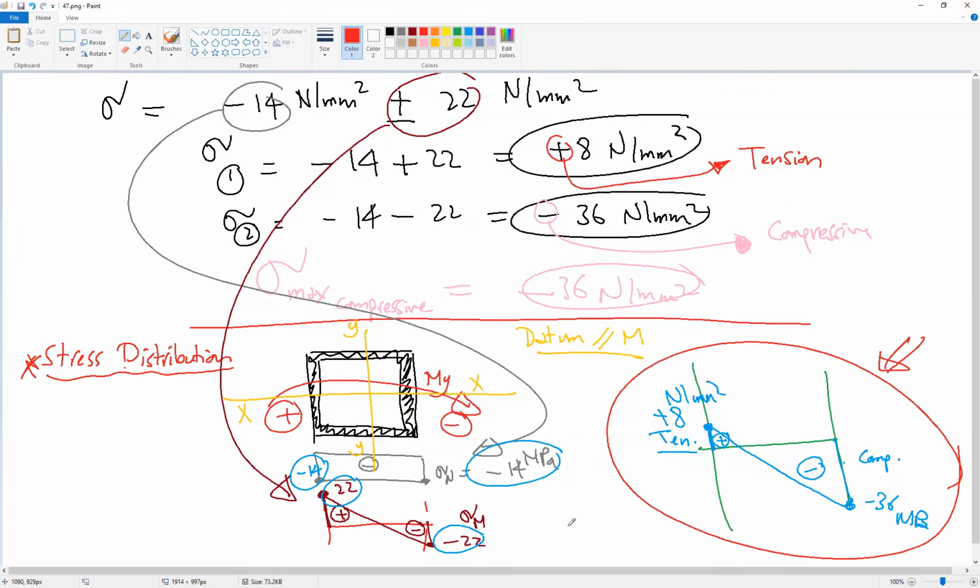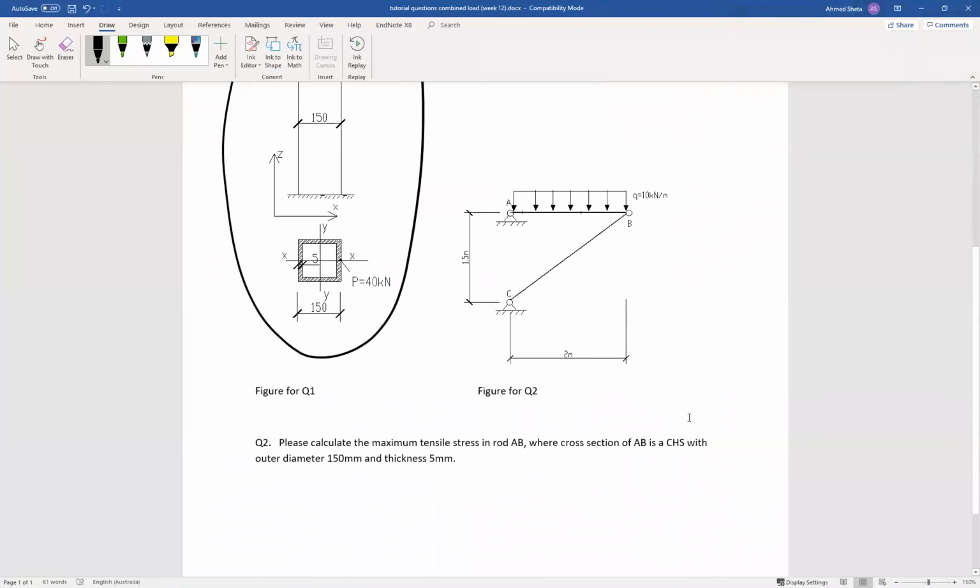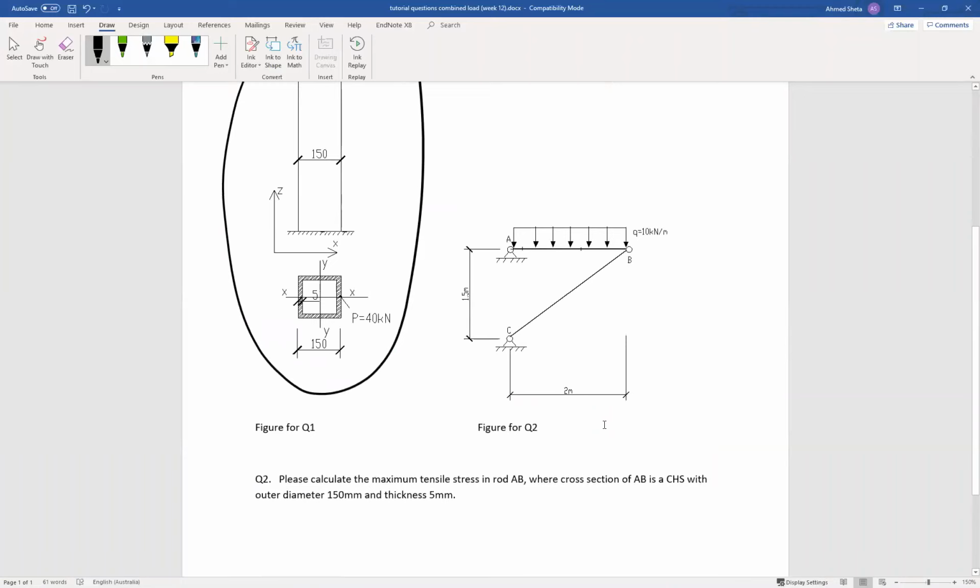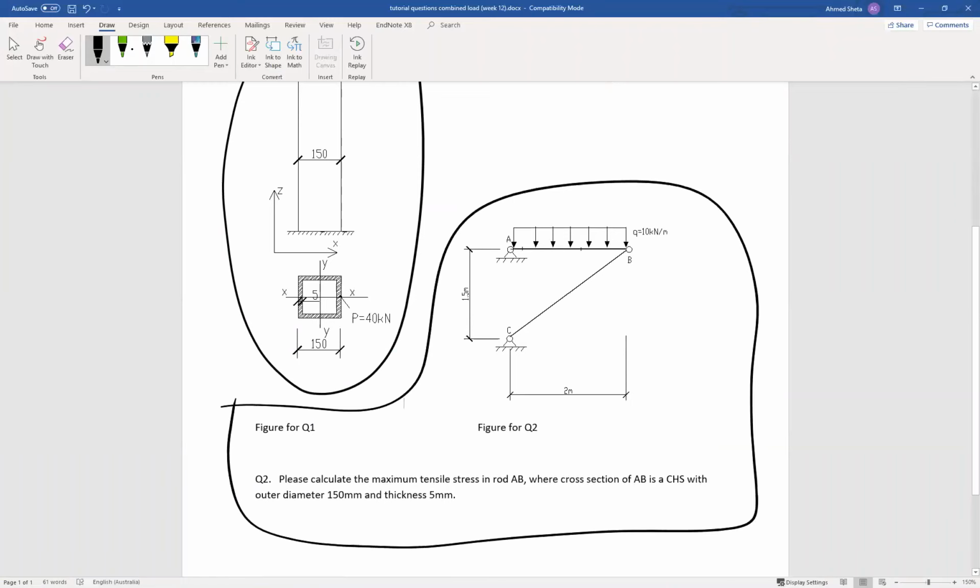So now we can return back to the tutorial. Now we finished problem 1. Now it is our turn to go to question 2. This is question 2.